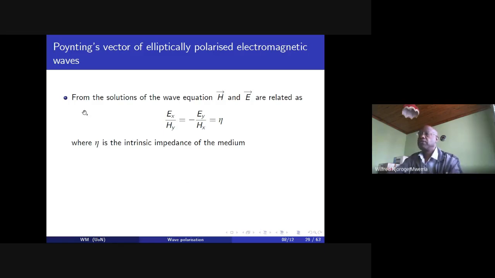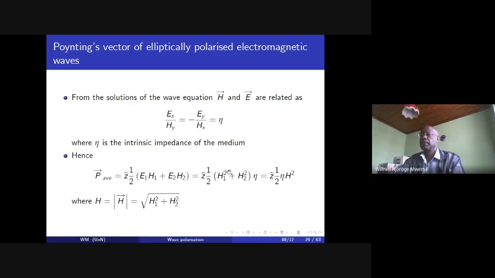only depends on the power factor. So from the solutions of the wave equation, H and E are related as Ex by Hy equal to minus Ey by Hx, and is equal to the intrinsic impedance of the medium. And therefore, P average is just going to be given by that value. And we can always express it in terms of a value for H, which is the X component plus the Y component squared, taking the square root is the magnitude of the magnetic field vector.